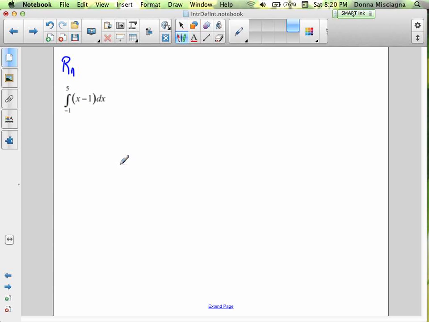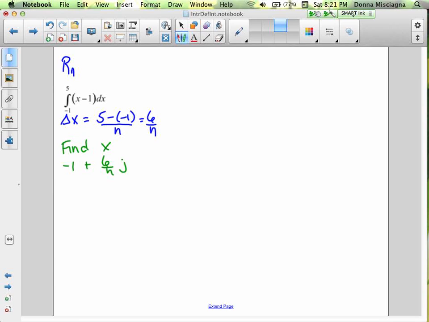Right, so let's find the change in x. That would be 5 minus -1, over n. So that's 6 over n. Let's find x. We start at the lower limit, -1, plus change in x times j. Substitute x into the function and evaluate.